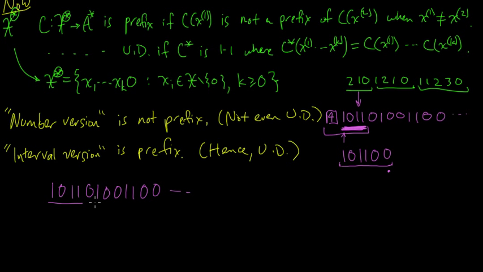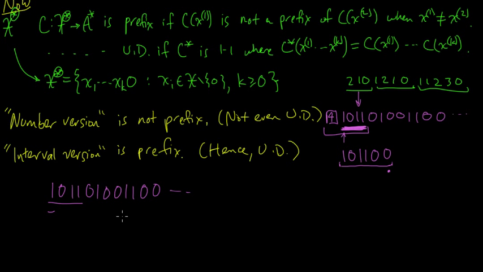The reason why it's not prefix is that in the number version of the algorithm, pretty much any binary string is a valid encoded message for some source message. And so as a result, you don't know whether you should first decode one and then the rest of it.